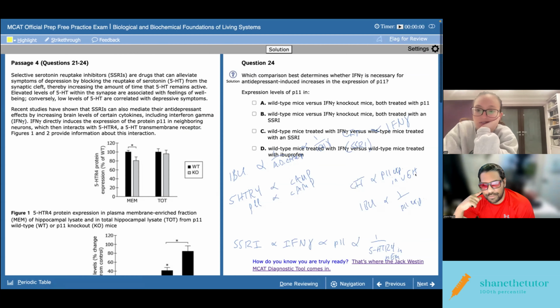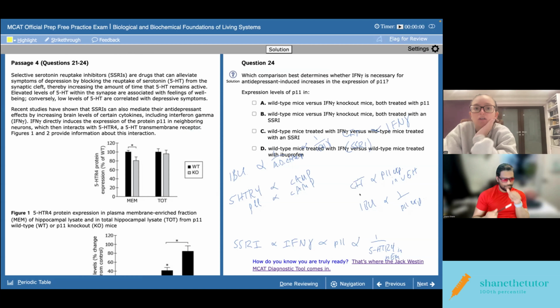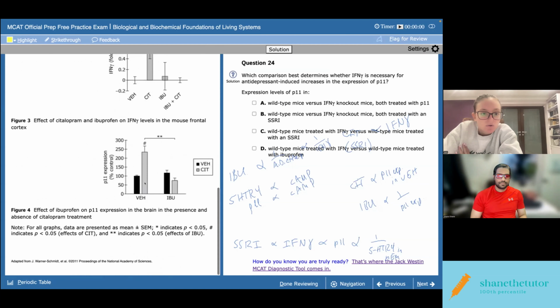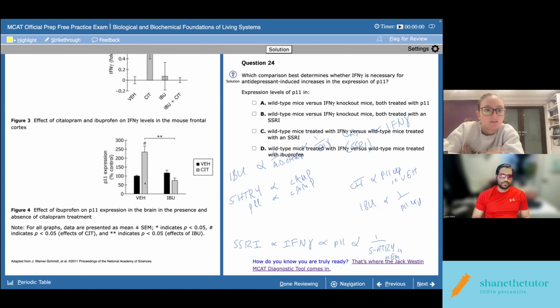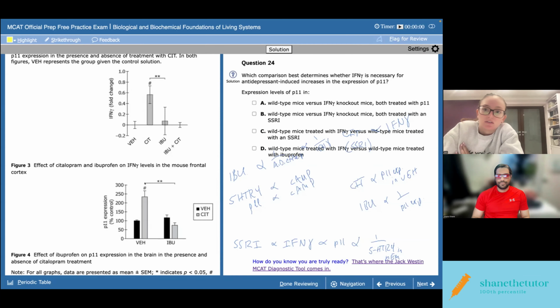Citalopram proportional to P11 expression in VEH.